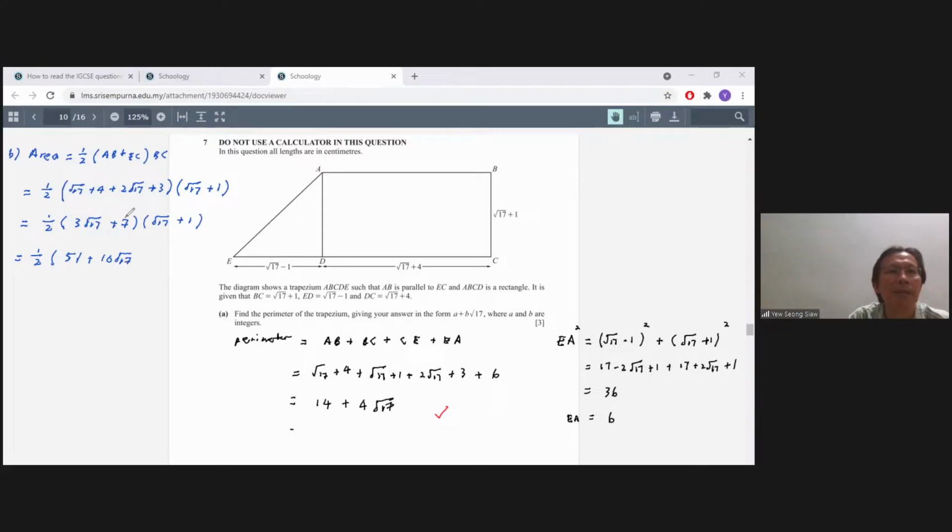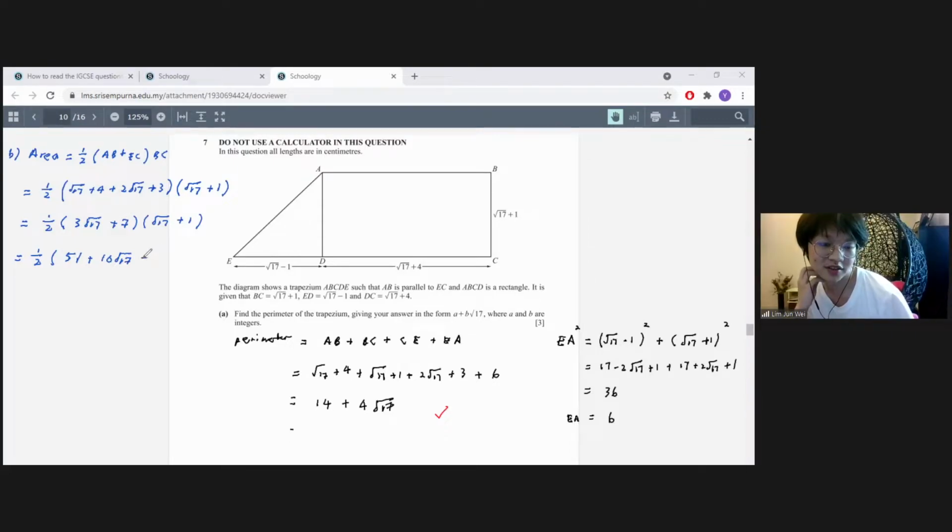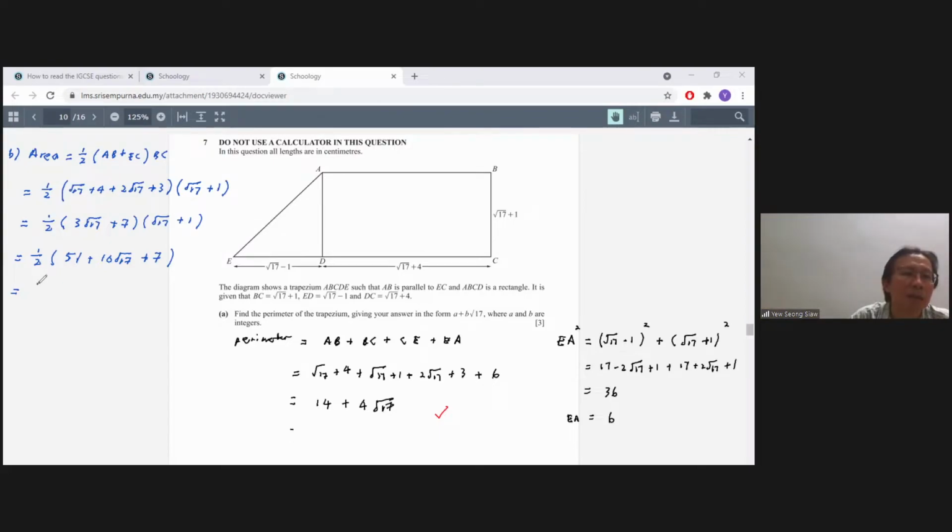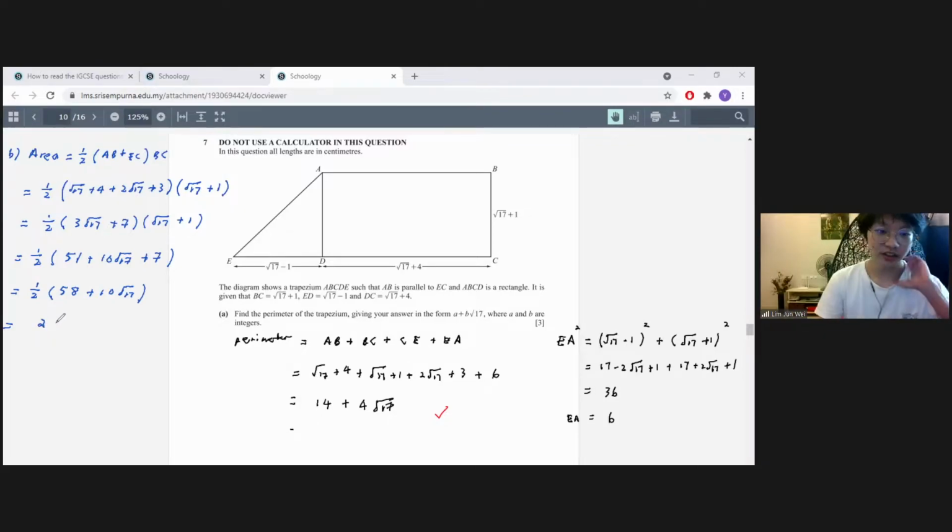The last, 7. 58. So divide by 2. This all divide by 2. 29 plus 5 surd 17.